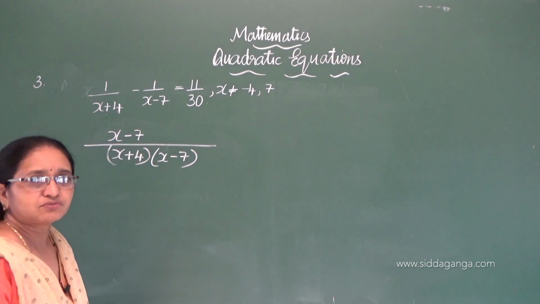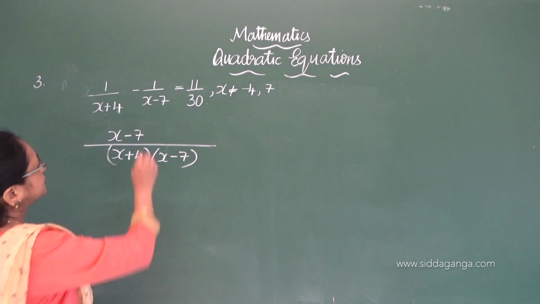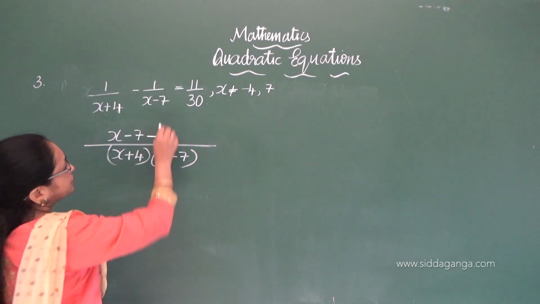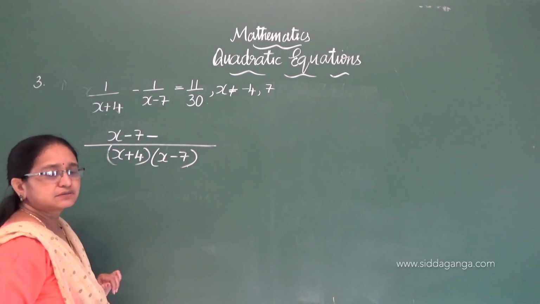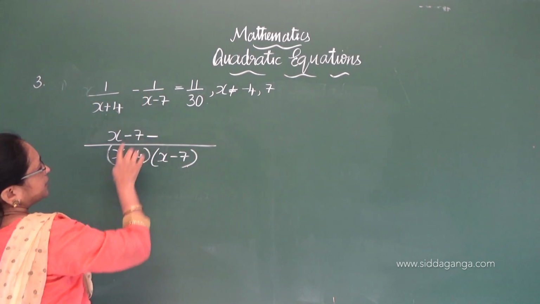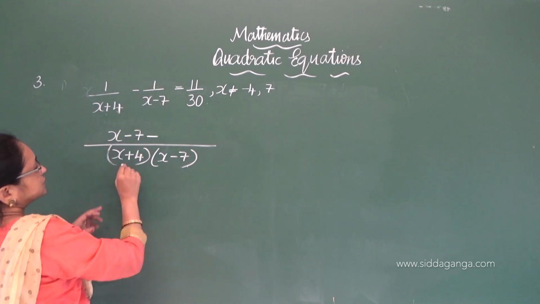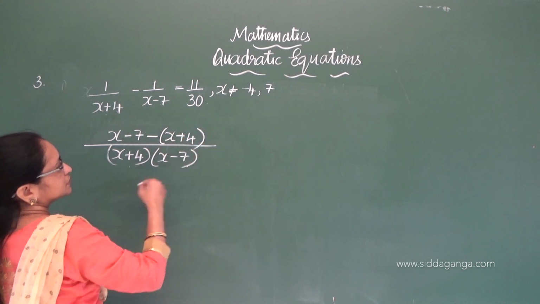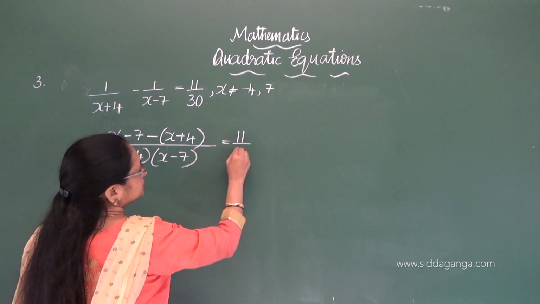So like this you have to find out the LCM. Here you have to simplify like this, okay. Now here x minus 7 is there. So forget about x minus 7, then you have to multiply here 1 into x plus 4 minus x plus 4. Then is this 11 by 30.